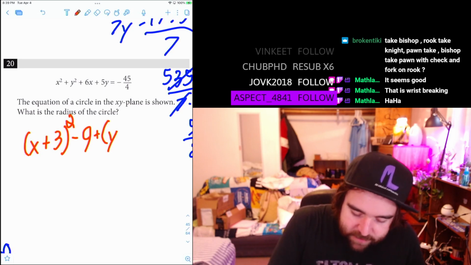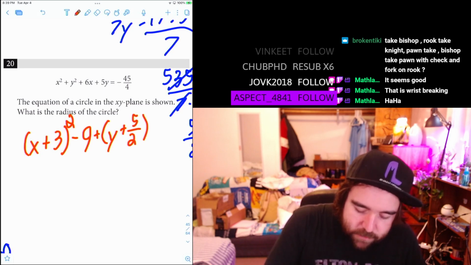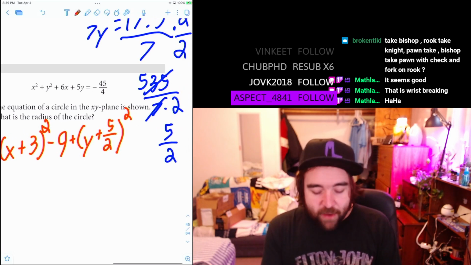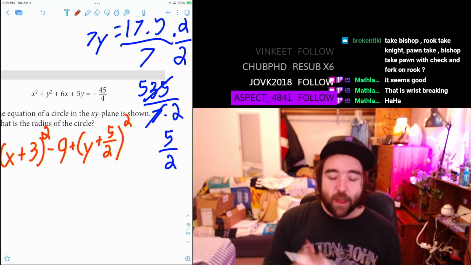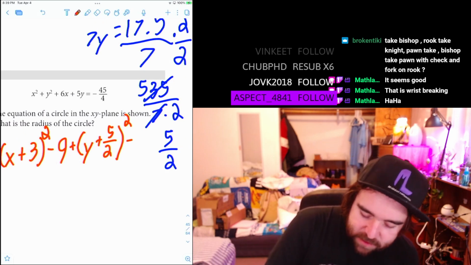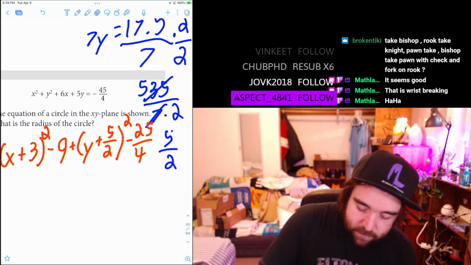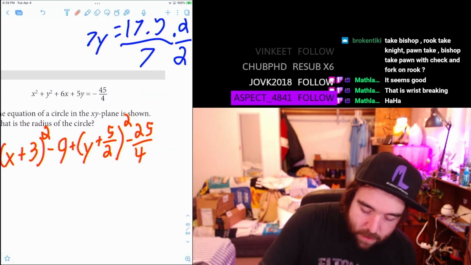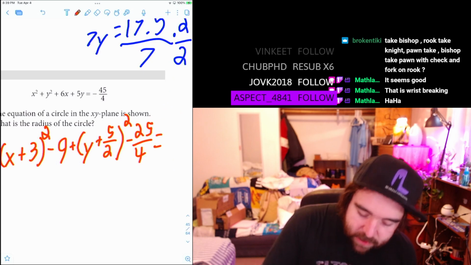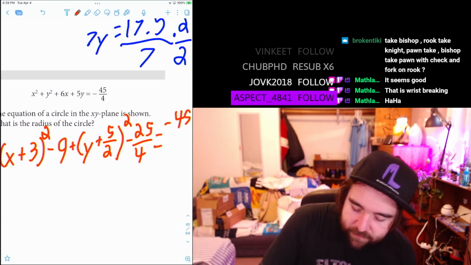And actually, it looks like it's going to combine pretty well with the other fraction. Because what do we have? We have plus half of 5, which is just 5 halves, minus that squared. So we just square the top and the bottom. Let's get this nonsense out of here. And then we still have the equals negative 45 over 4.